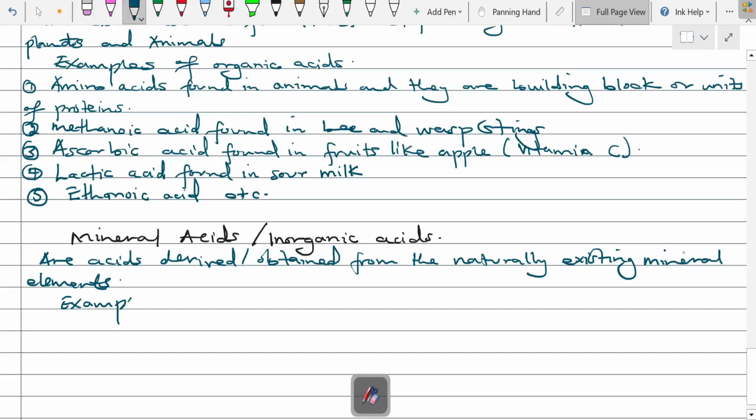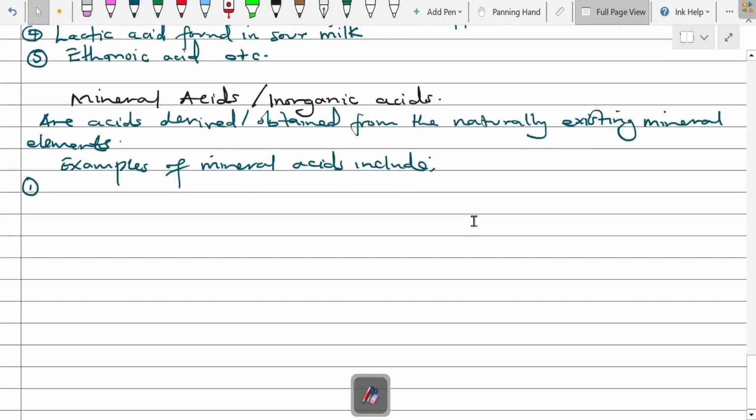And let's have examples of these. So examples of mineral acids include, number one, the first and the commonest, which is hydrochloric acid.